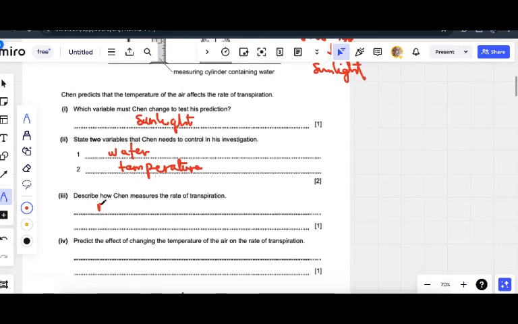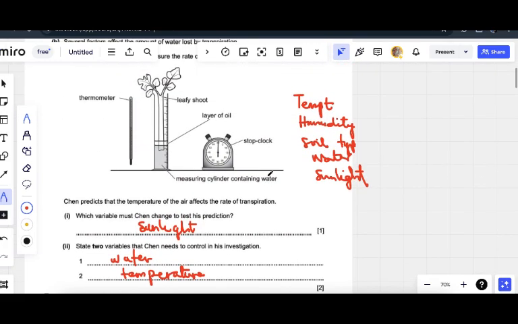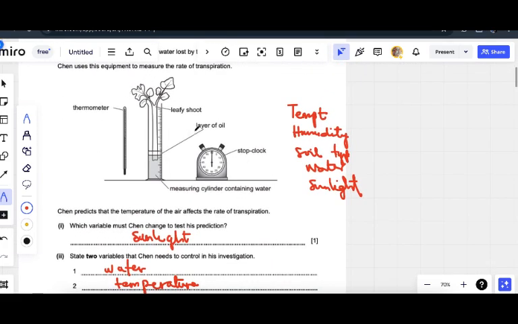So Chen measures the temperature. He measures the temperature of the environment or of the air, right?